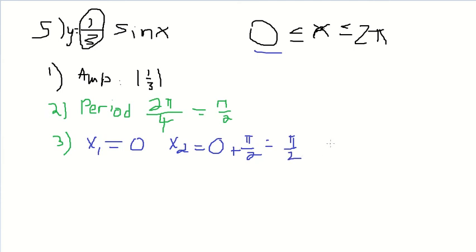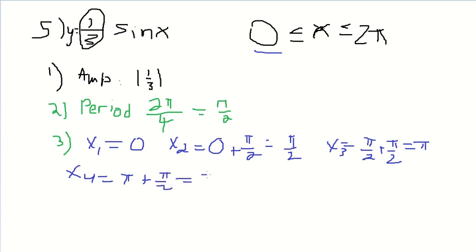Okay. We continue that again. Oh, excuse me, this is x3. x2 plus the period, so pi over 2 plus pi over 2 equals pi. And then x4 is going to be pi plus the period, which is pi over 2.